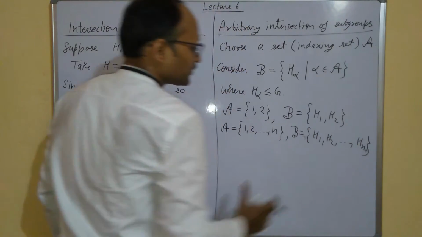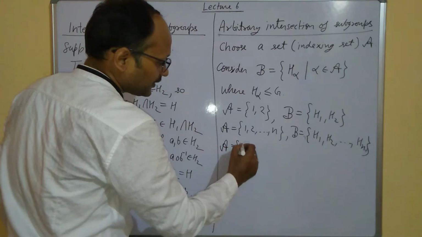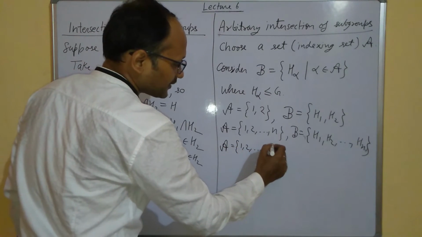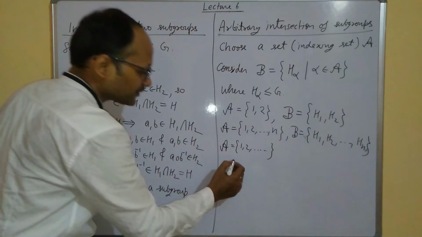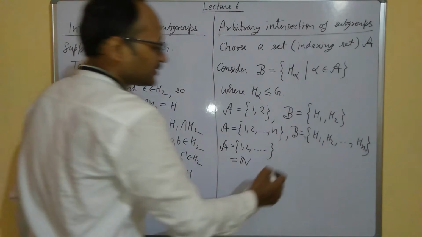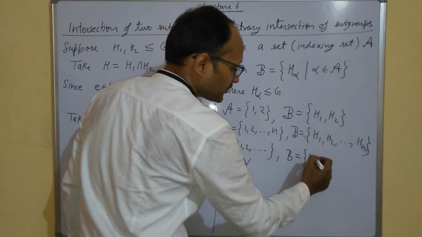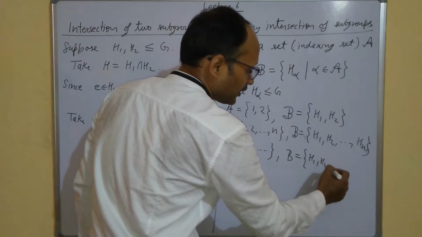These are n subgroups of the group G, and suppose A has infinitely many elements, and so on. So that simply means this is equal to the set of natural numbers. Then B is H1, H2 and so on.